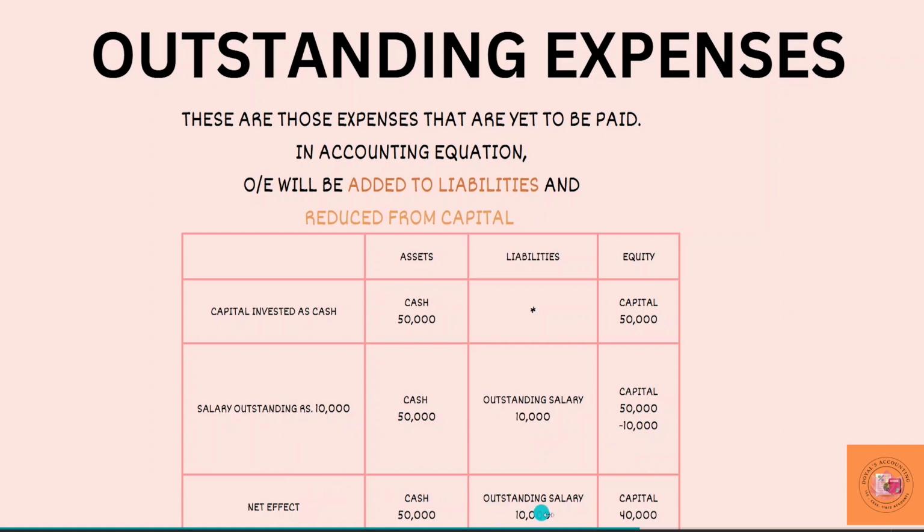Cash 50,000, outstanding salary 10,000, capital 40,000. Owner's equity, which is the capital, will reduce because in future this amount has to be paid, and it will be paid by cash. Whenever an expense is paid by cash, the corresponding effect is that even equity reduces. So that is why we are removing 10,000 from capital.